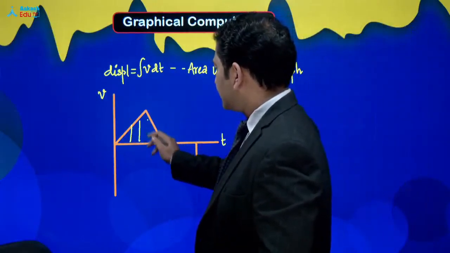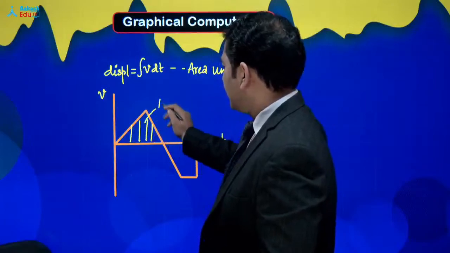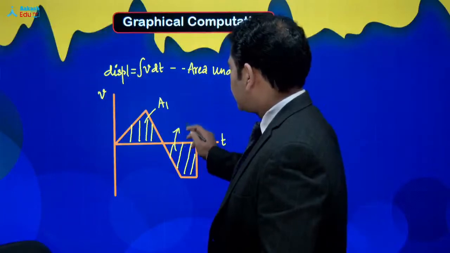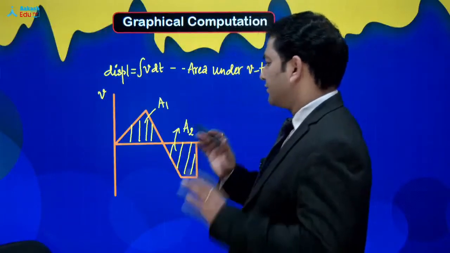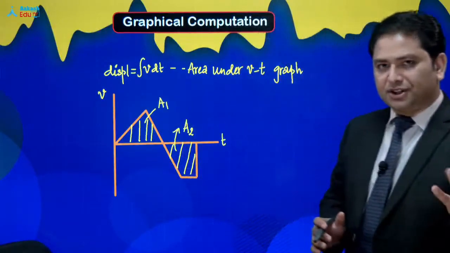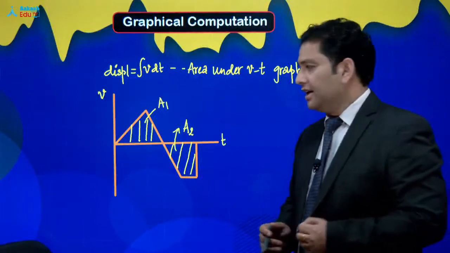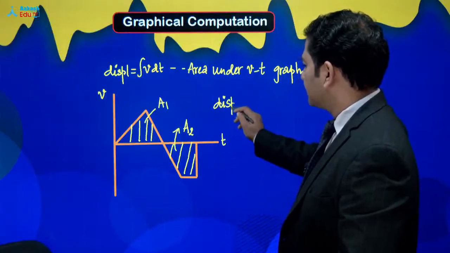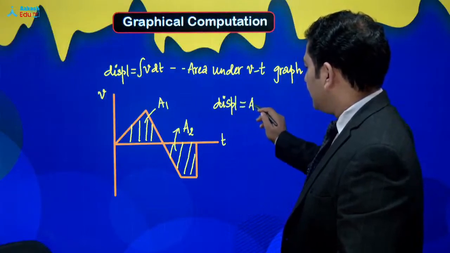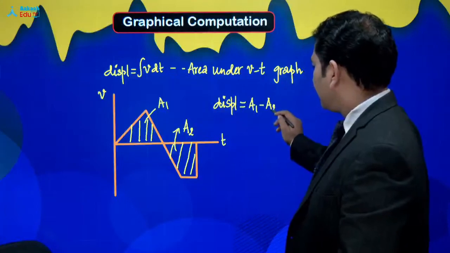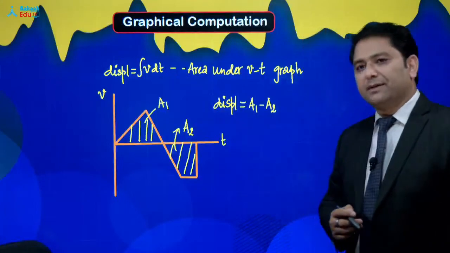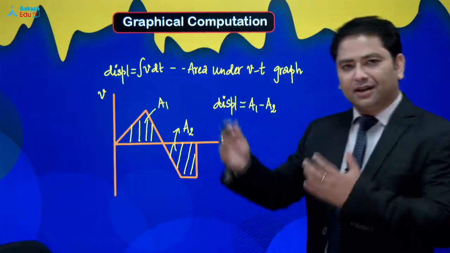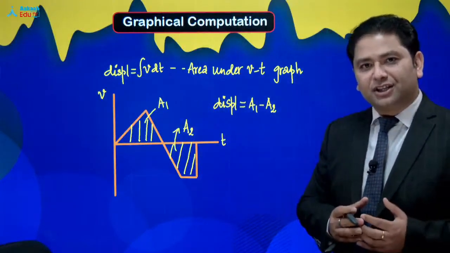Suppose this area, that is A1, or मान लेते हैं this area is A2, alright, in terms of area. अभी हम positively लिखेंगे, that's the area. But इसमें से, if I have to calculate the displacement, that is A1 minus of A2. Displacement की बात हो रही है.